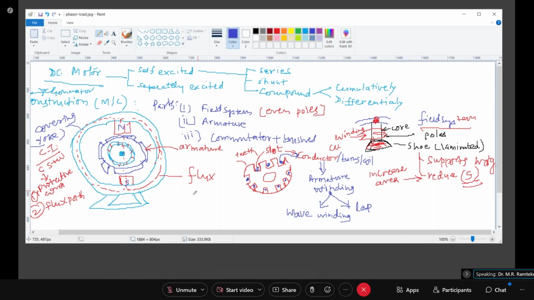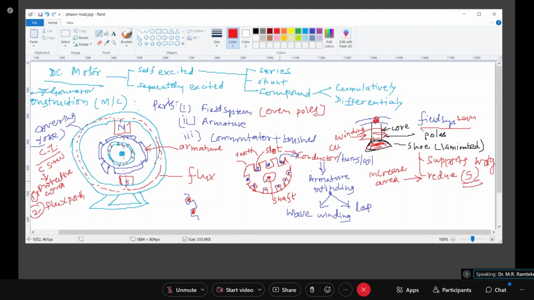Now I'll just draw one or two of these. So this is my armature. Here are the conductors. Now this is the place for a shaft. The shaft will pass through this hole. Clear?